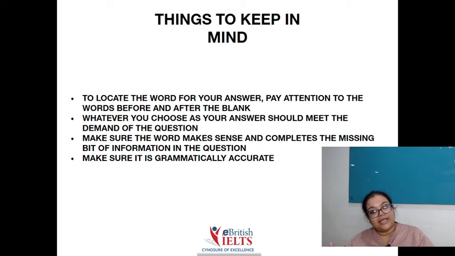Now, while filling in blanks, another thing that I ask students to keep in mind is reading the instructions. This becomes very important because the instructions will tell you if there exists a word limit or not. If there's a word limit, feel free to remain under the limit, but the moment you go above and beyond, that is where you've lost a mark, even though the answer might be correct, right?